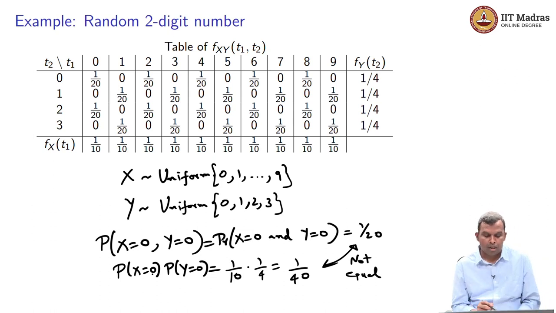So, clearly, x equals 0 and y equals 0 are two different events that we have defined using the random variables x and y, and they are not independent. Okay, you can see that the product of the two probabilities is not the same as the probability of the intersection of the two events, right? So product is not the same, so these are not independent. Okay, so notice how from the joint PMF you can find the marginals and you can determine independence of events defined using the random variables. Okay, so this is an important process.